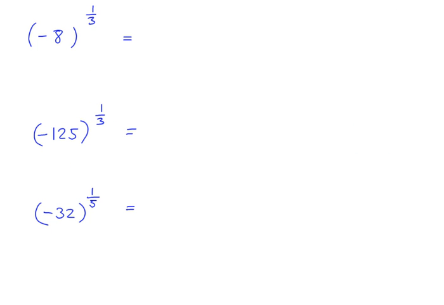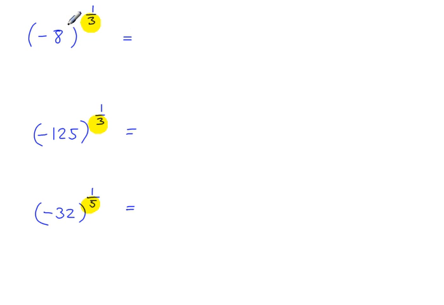In these 3 examples, we have fractional indices and we have a negative base. The denominator this time is odd. So all of these do have a meaning. Minus 8 to the power of a third is the same as a cube root. 1/3 as a power means a cube root.